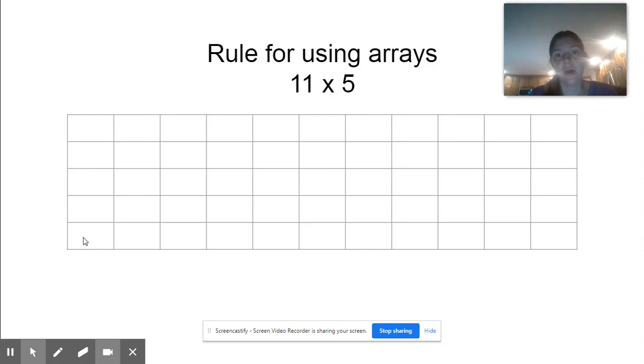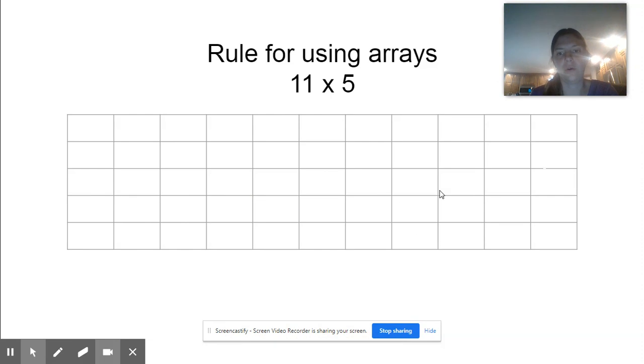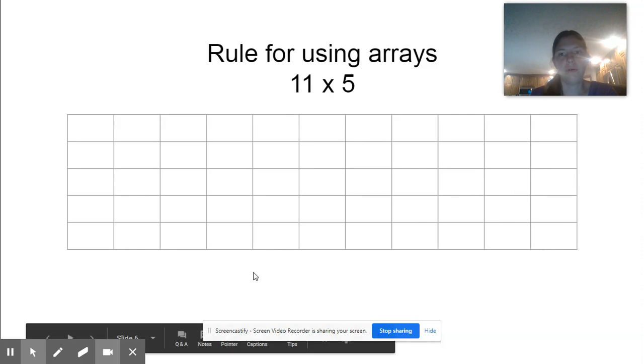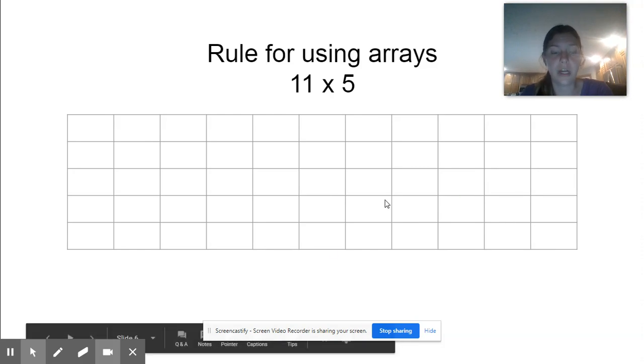It also works the other way. You could add 5 11 times. 5, 10, 15, 20, 25, 30, 35, 40, 45, 50, 55. Either way you do it, whether you count them all, you add by 11, or you add by 5, you're going to get 55 as your product, your answer.